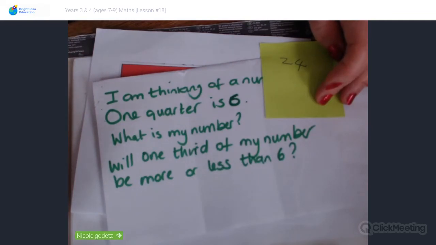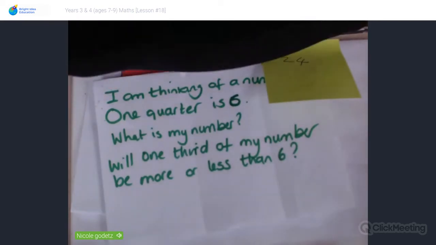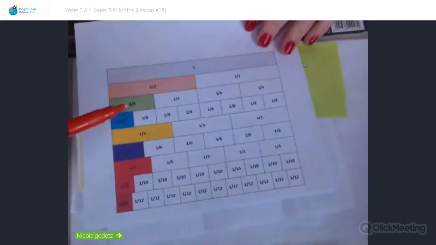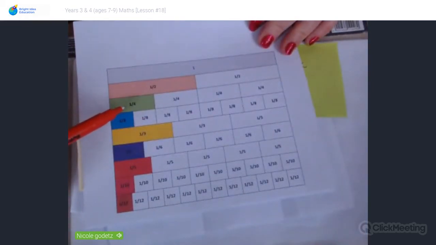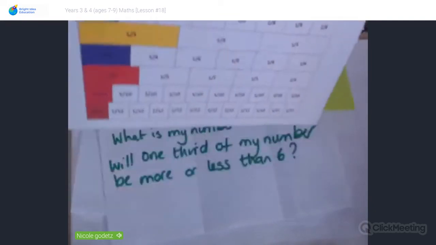It always catches us out, doesn't it? Remember that as the denominator gets bigger, the fraction gets smaller. So 1/2 is bigger than 1/4. 1/4 is bigger than 1/8. Look, there's 1/3, there's 1/4. If you had a pie or a chocolate bar and you shared it between 3 people, you would get more than if you shared it between 4 people.